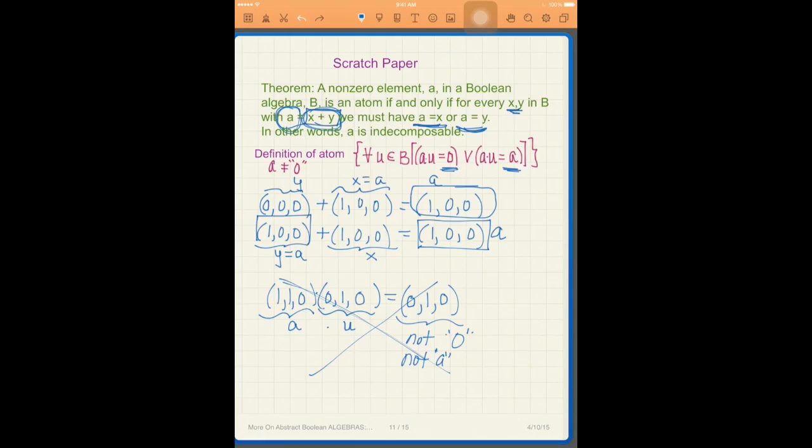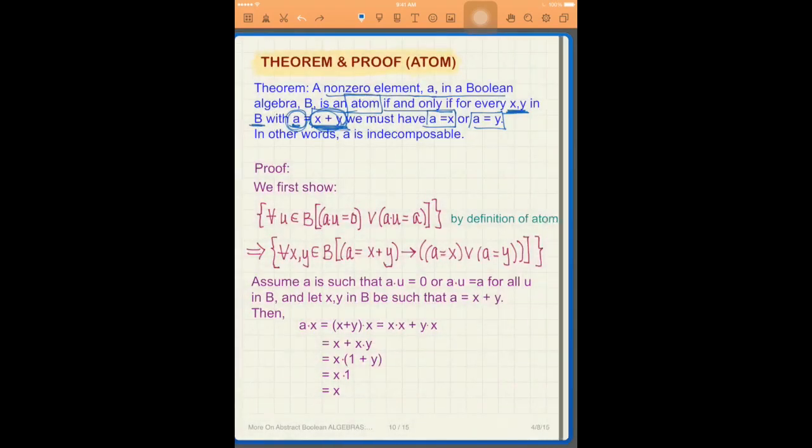Now let's look at the proof. So we're actually going to do the proof now. So going back, what do we have to prove? We first have to show that for every element, we'll call it U, in the Boolean algebra, if you start with the fact that A times U is equal to 0 or A times U is equal to A, that's just the definition of an atom, and again, A not equal to 0, then what should that imply?